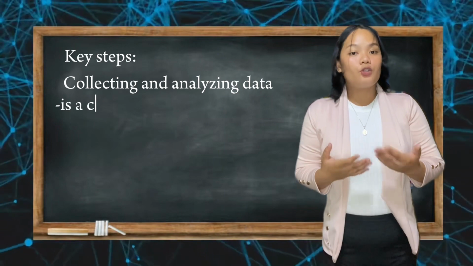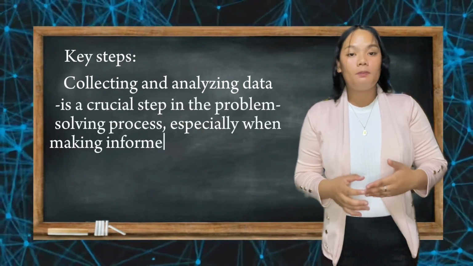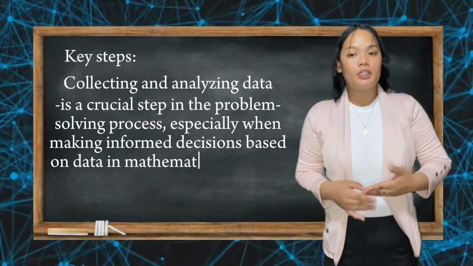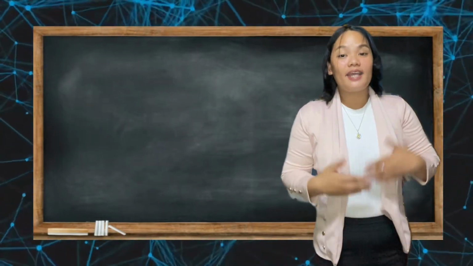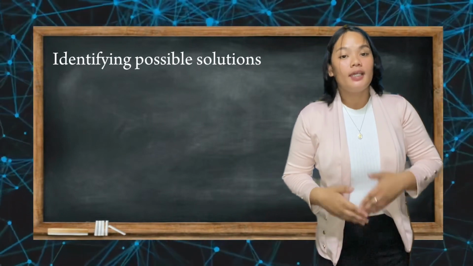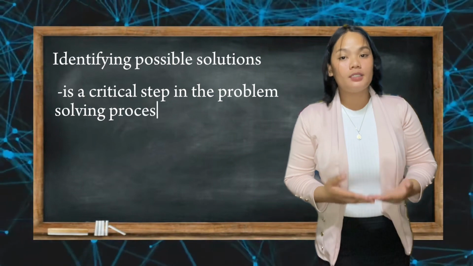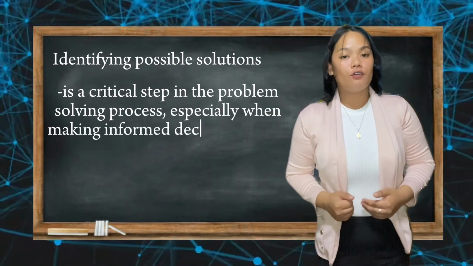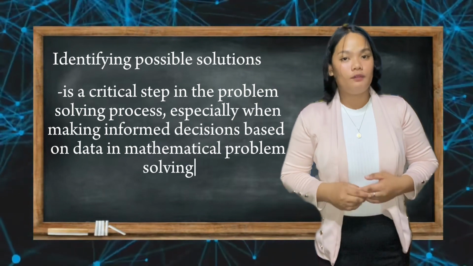It is a crucial step in the problem-solving process, especially when making informed decisions based on data in mathematical problem solving. Next is identifying possible solutions. It is a critical step in the problem-solving process, especially when making informed decisions based on data in mathematical problem solving.